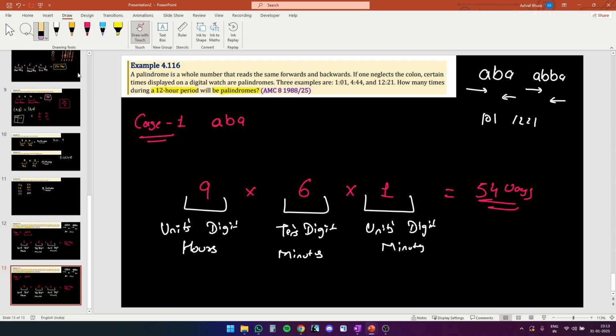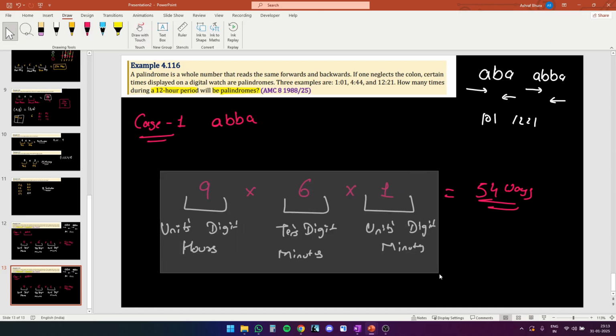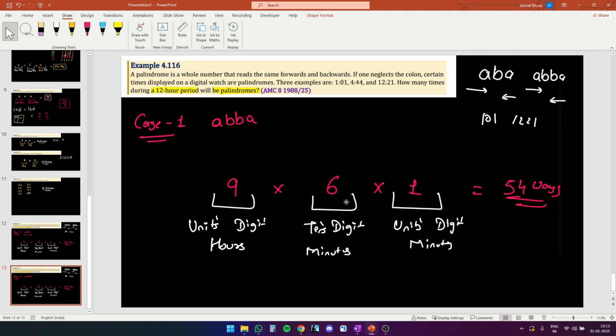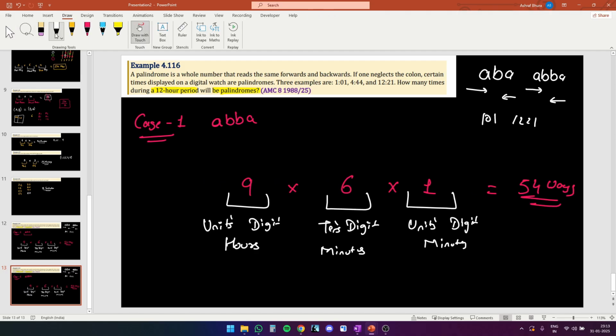Now let's consider the second case. The second case is where we have A, B, B, A. Okay, so along with the units digit we'll have one more, which is the tens digit for hours. Now how many choices will be there?